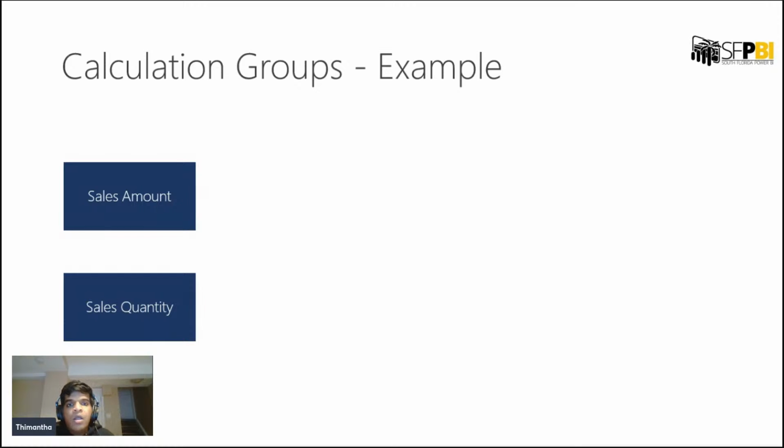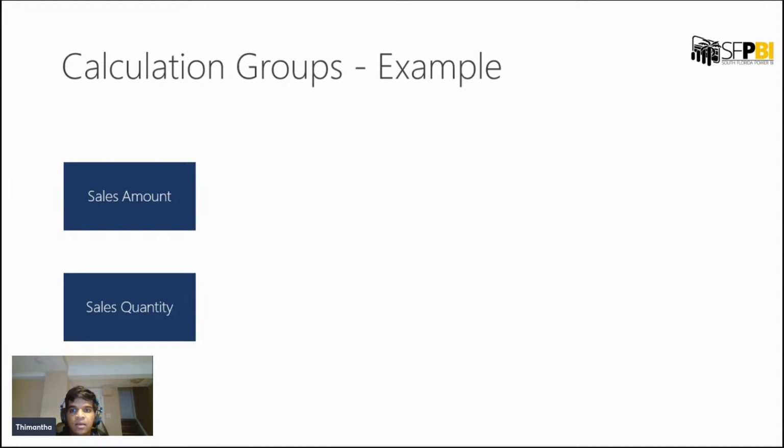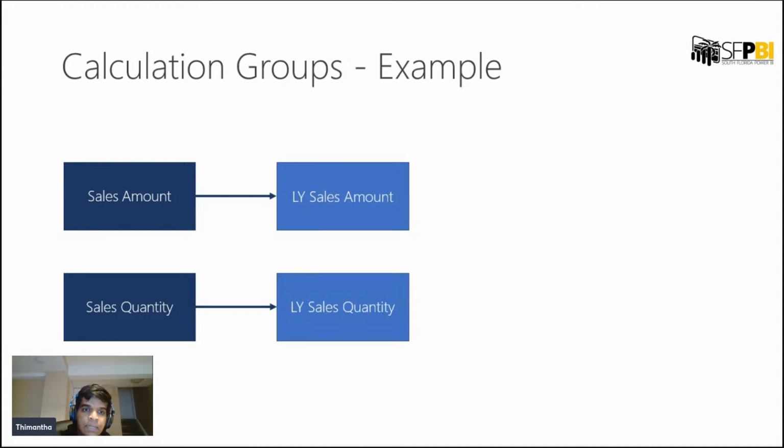Reports are created and the required analytics is done with these measures. As time goes, there is an end user requirement to see the last year sales amount and the last year sales quantity as measures for self-service BI and in the report as well.